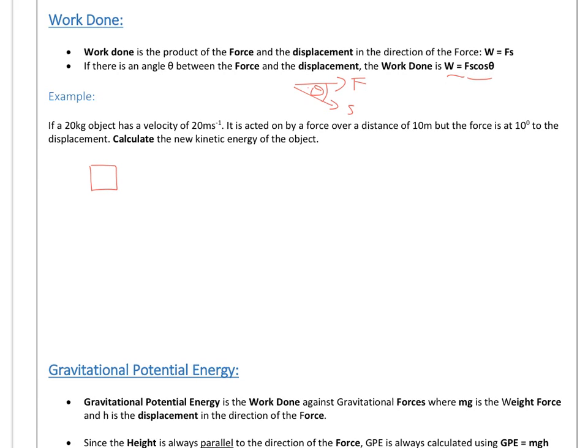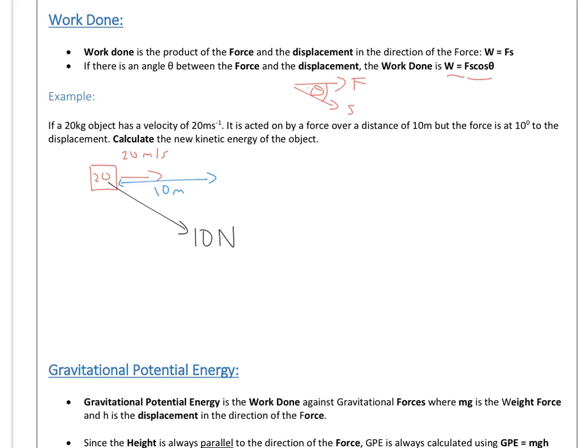So let's first of all draw some kind of diagram. We know it's 20 kilograms, and let's say it's going at 20 meters per second, and we know it's going to travel that way a distance of 10 meters, but it's acted on by a force of, for simplicity, let's say 10 newtons.